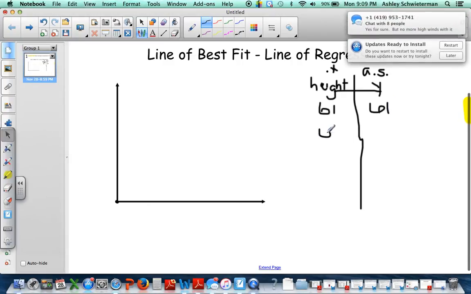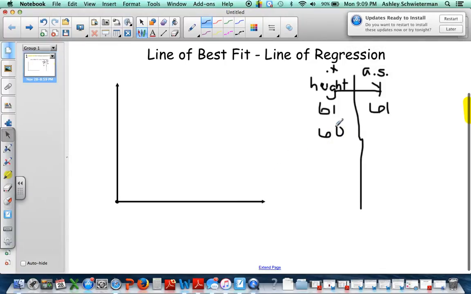And then somebody was 60.5 and 60.5. 58 and 62. 55 and 57.